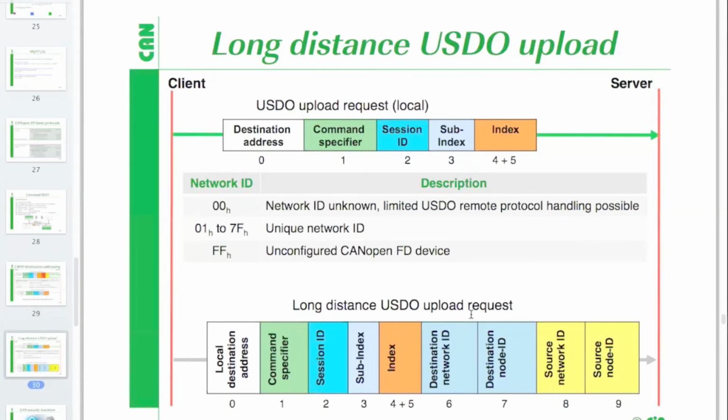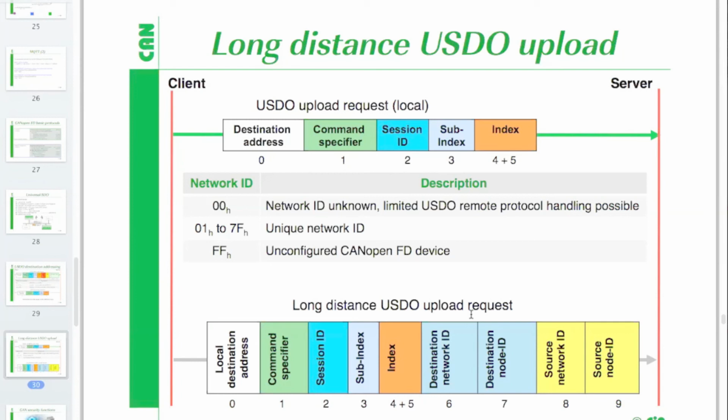The interesting stuff is these remote capabilities of CANopen FD USDO. This is the remote USDO, where I have this kind of network ID and addressing of which network in the CANopen embedded network system I would like to access.